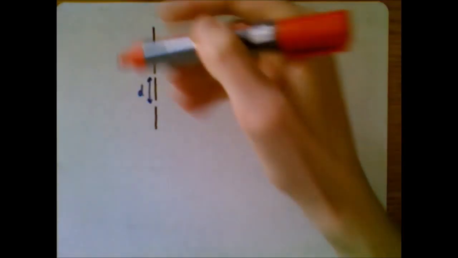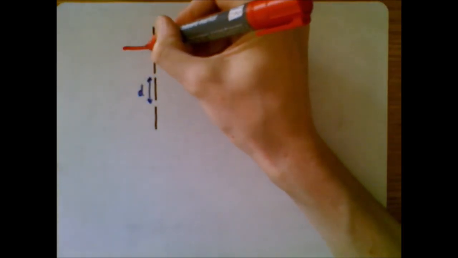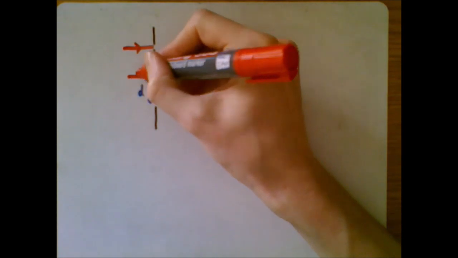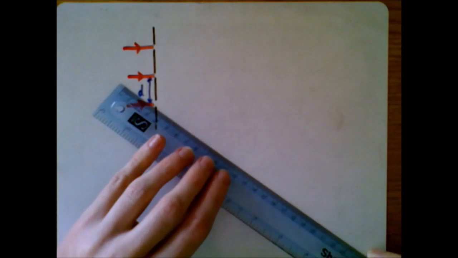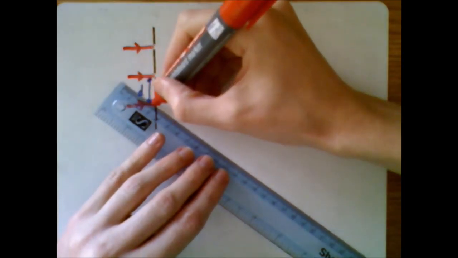And we're going to look at the directions where we get a maximum. So we've got light arriving this way. We're going to think about the first order maximum, and think about the first order wavefronts. And we'll do it down just because it might be easier for me to draw.